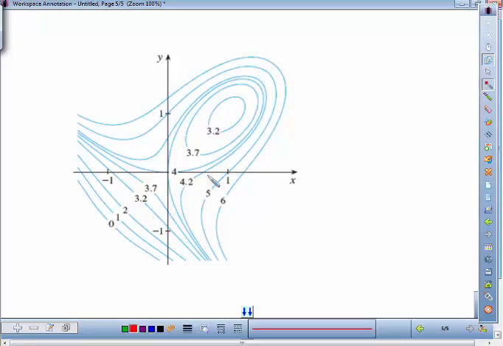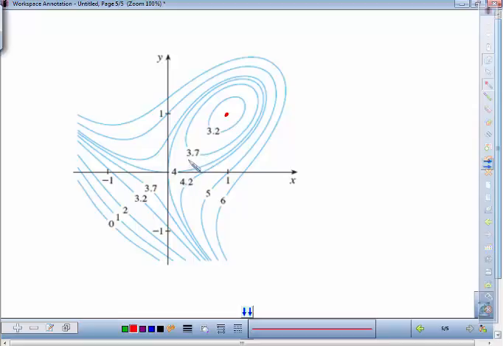Look for maxes, mins and saddles. Usually when you have something enclosed in a circle, somewhere in the middle of it will end up being our local maximum or minimum.